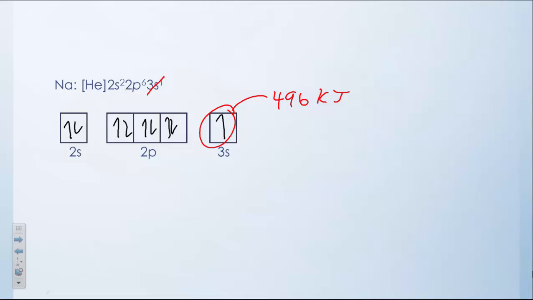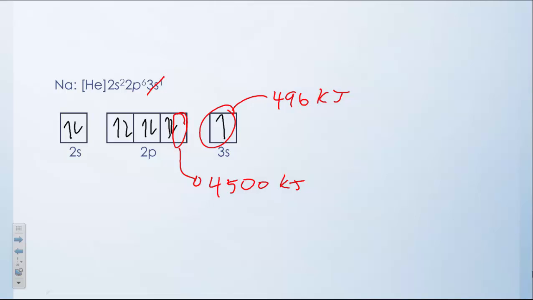If I want to remove a second electron from sodium, fine, but I'm going to have to come in here and remove this p electron. That one is much more costly to remove and costs me about 4,500 kilojoules. So much more substantial energy requirement.